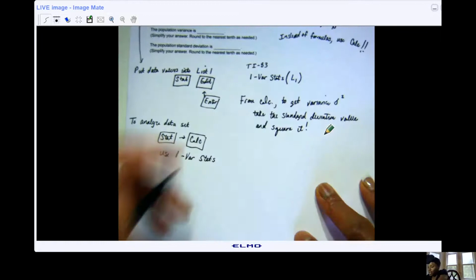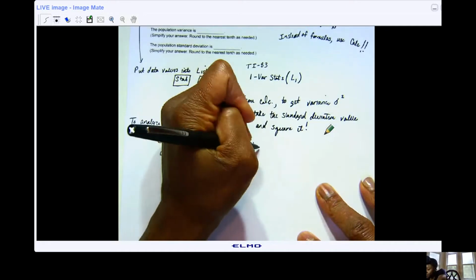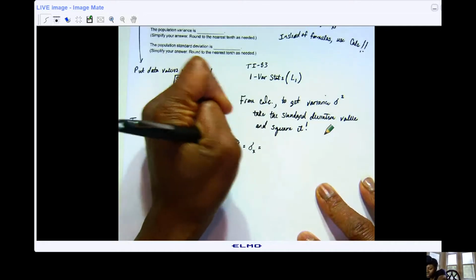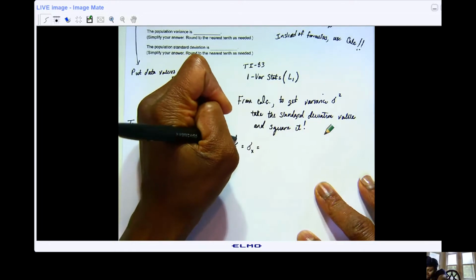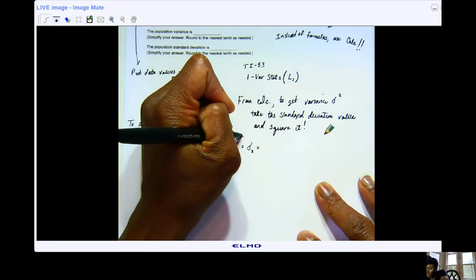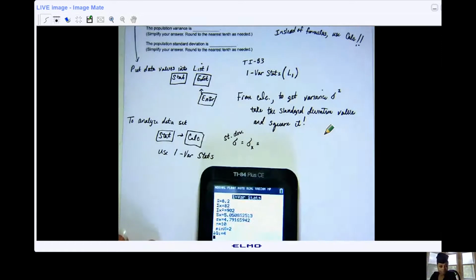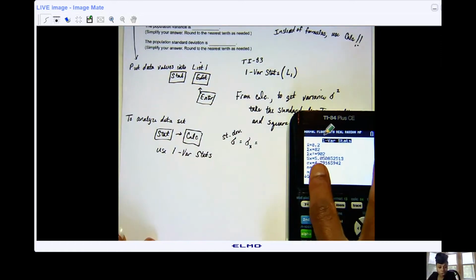Okay? So sigma sub x is your standard deviation. I'm going to put st dev for short. And I'm going to write that value down. I'm going to use every decimal place.